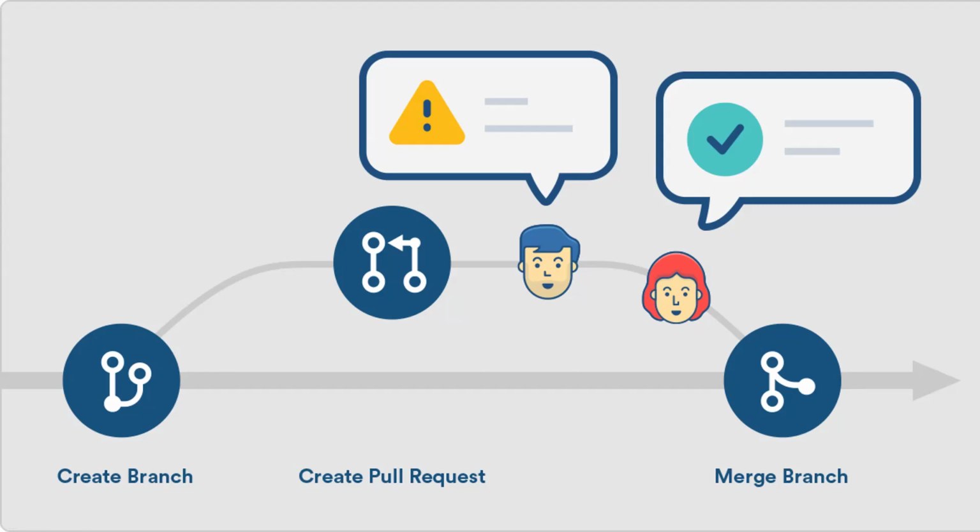What you can do, and what I would recommend, especially for anything sensitive that you have a bunch of people working on, is set restrictions so that certain people have the ability to edit or not. And then if they make edits, sometimes those edits have to be approved. So in this diagram, the red-haired woman has to approve the edits that have been made before they get merged into the main branch.